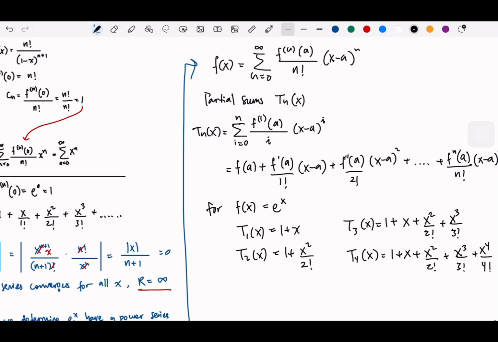So we have polynomials, at least polynomials that are easy to visualize in the graph.